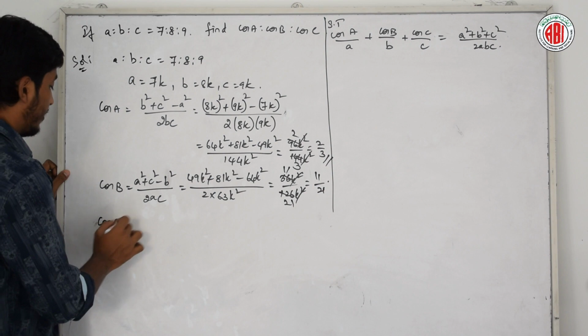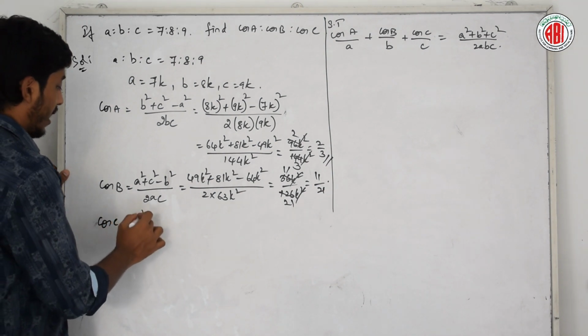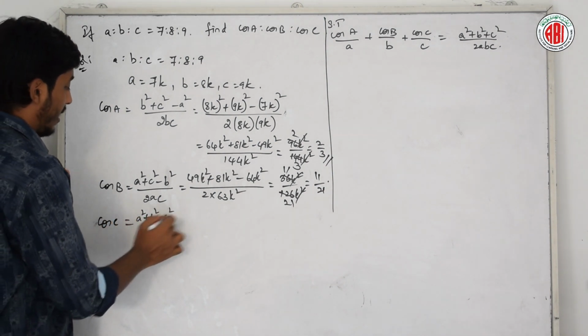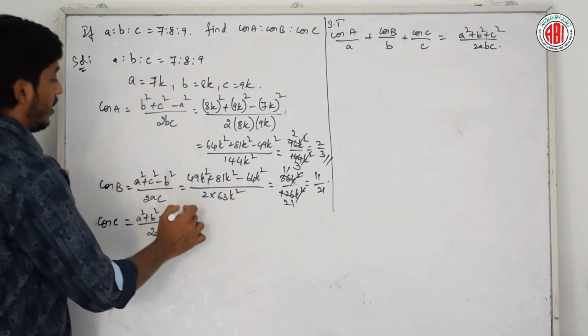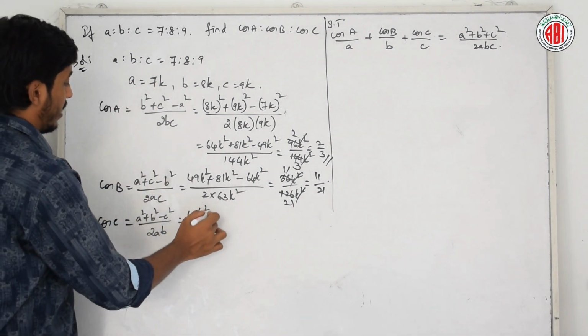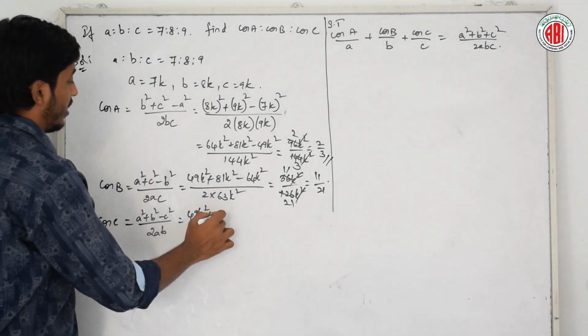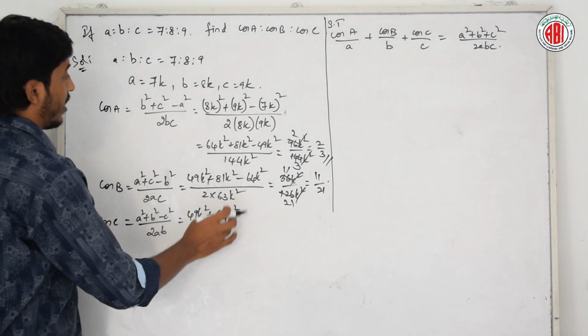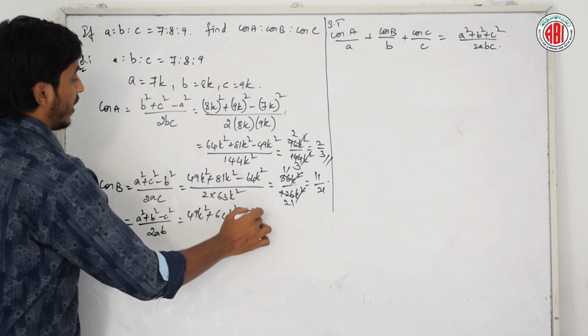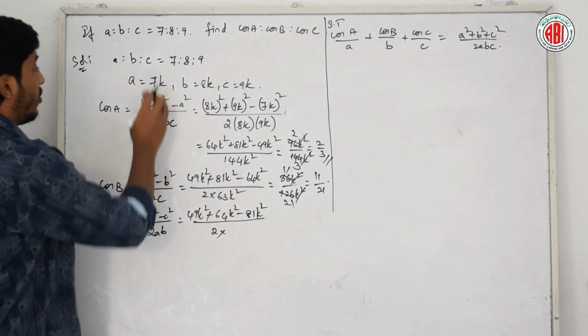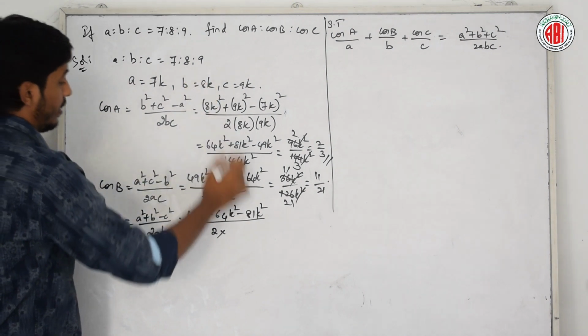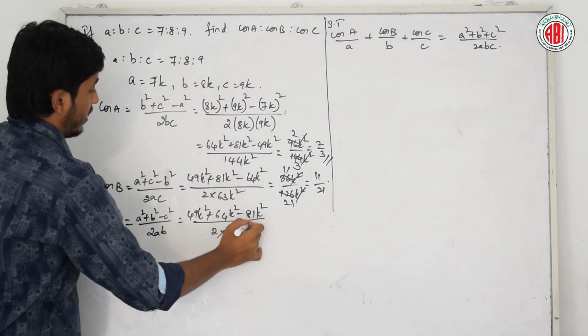Similarly, cos C is equal to a square plus b square minus c square by 2ab. That is equal to, what is a square? 49k square plus what is b square? 64k square. What is c square? 81k square divided by 2 into a into b. 7 8s are 56k square.